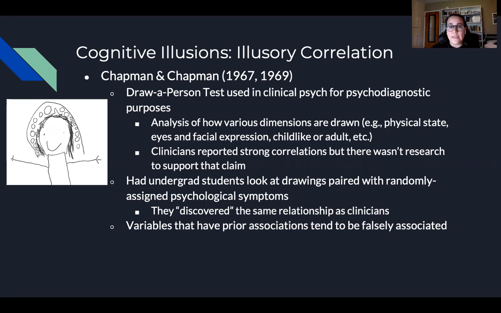And so the point here is that the associations that we bring to a situation can color our judgment to such an extent that we might even see them, even though they're not actually there.